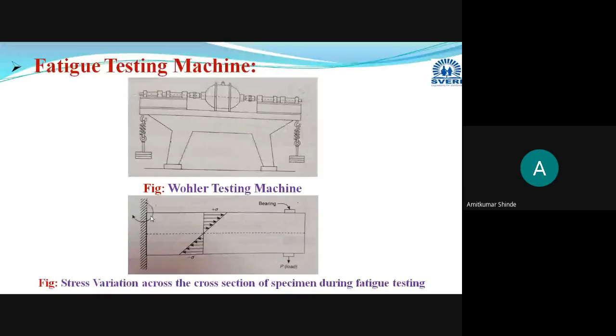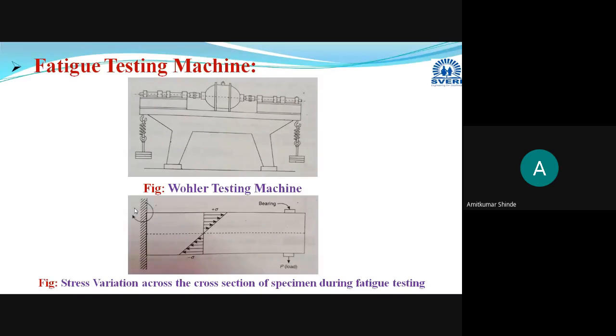Okay, please listen to me carefully. The stress value will be denoted by s. Whichever stress you have applied here will be denoted by s, and the number of rotations you are applying will be denoted by letter n.